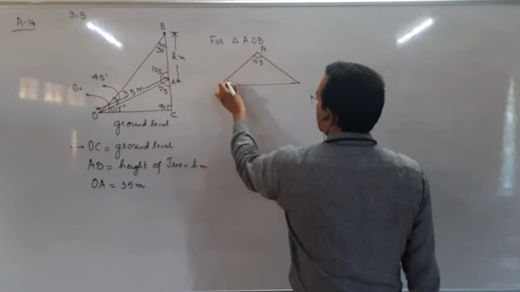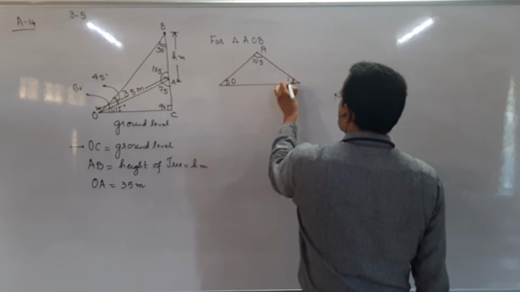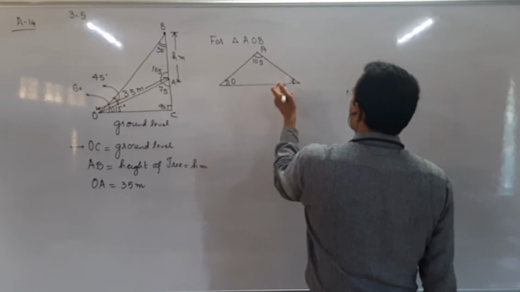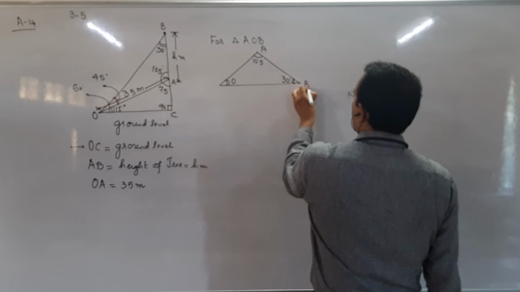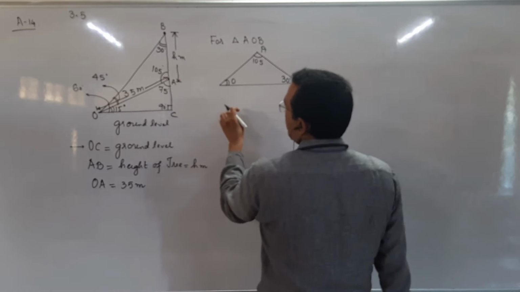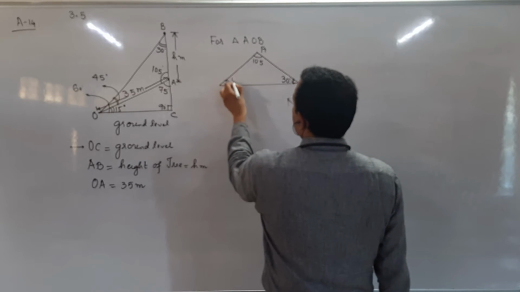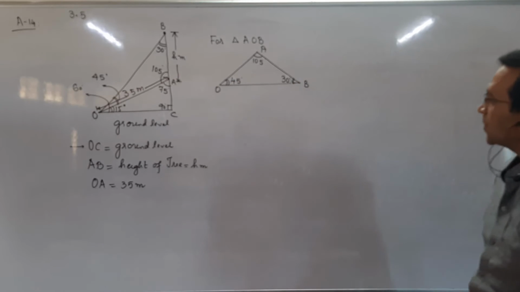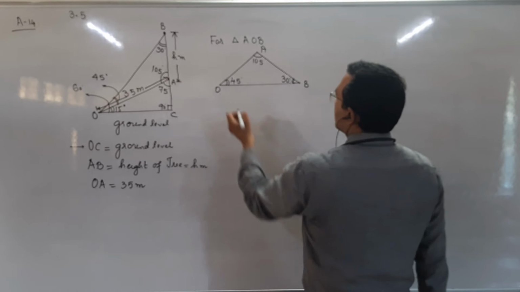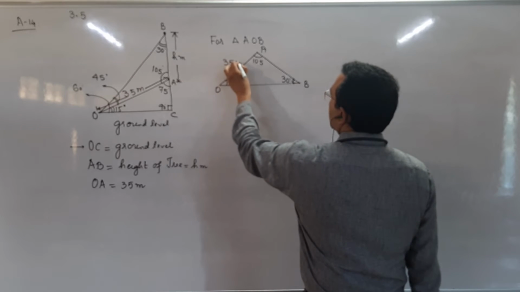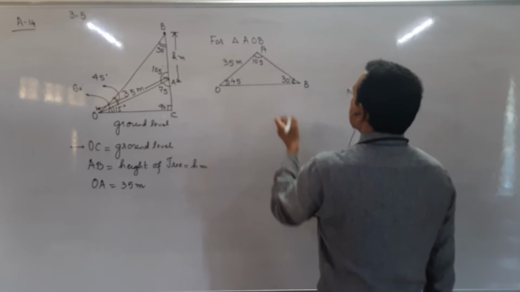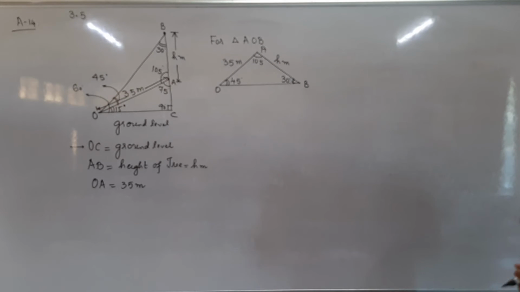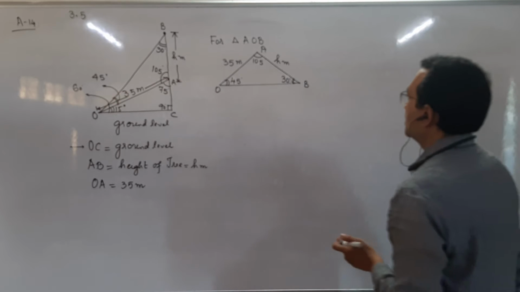This is vertex O and this is vertex B, having angle 30 degrees. This O is having angle 45 degrees. Distance OA is 35 meter. Distance AB is h meter. OB is not required.